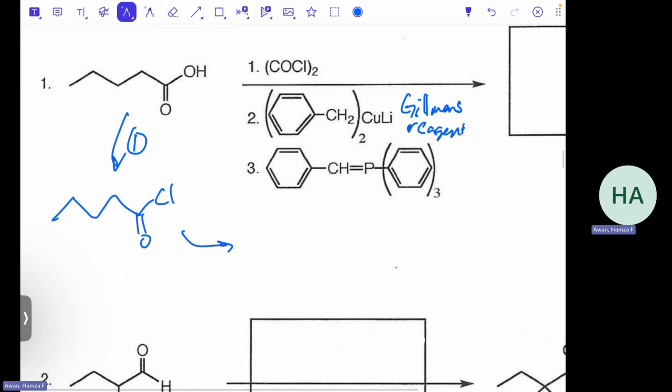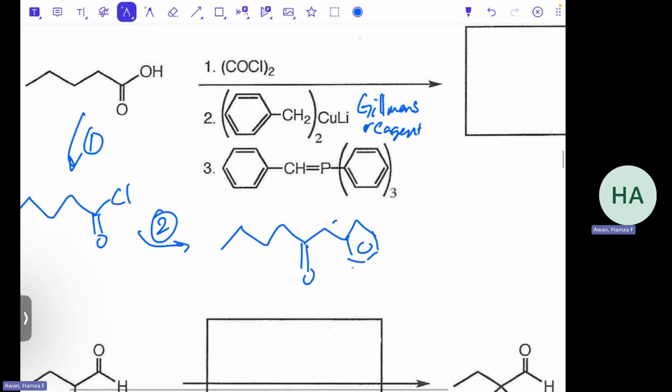If this was a Grignard reaction, because it's an acid halide, it would attack twice because the Cl is a good leaving group, and it would end up as an alcohol. But because we have Gilman's, it's only going to attack once, and it's going to take the place of the chloride. So for our second step, we're going to have the double bond O bonded to a CH2 bonded to the benzene ring. That's only going to attack once, and we're going to keep it as a ketone.